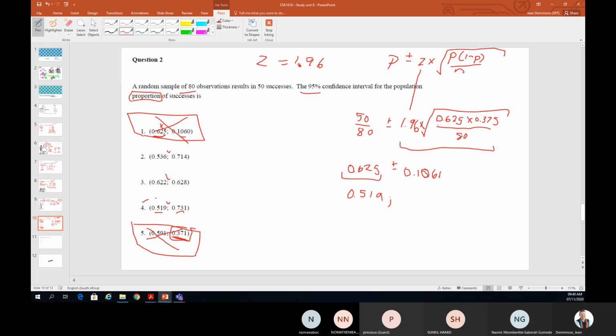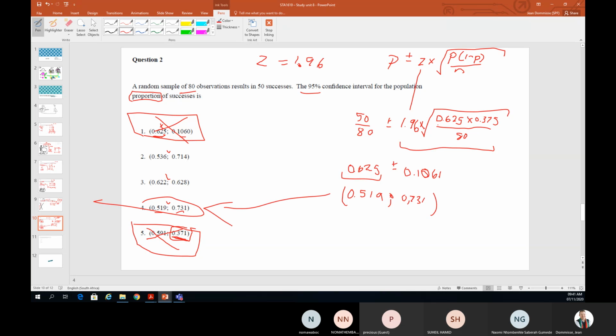So that will be the correct one. But let's just get the top part as well, just to make 100% sure. 0,731. Okay, so that was basically option 4.